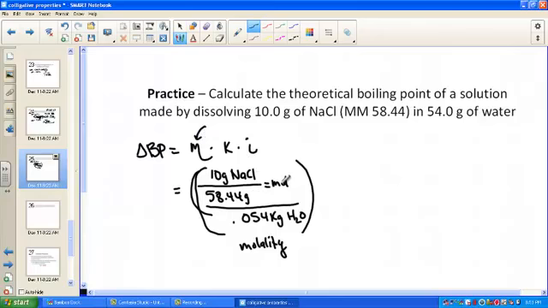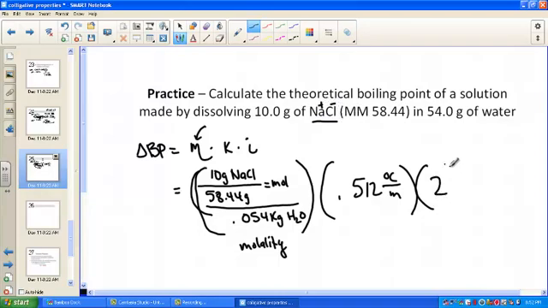Grams over formula weight gets me to moles. Moles per kilogram is my molality. The boiling point constant for the elevation of water, 0.512 degrees Celsius per molal. And let's see, the van't Hoff factor of sodium chloride, 1 sodium, 1 chloride, gives me 2 total particles.